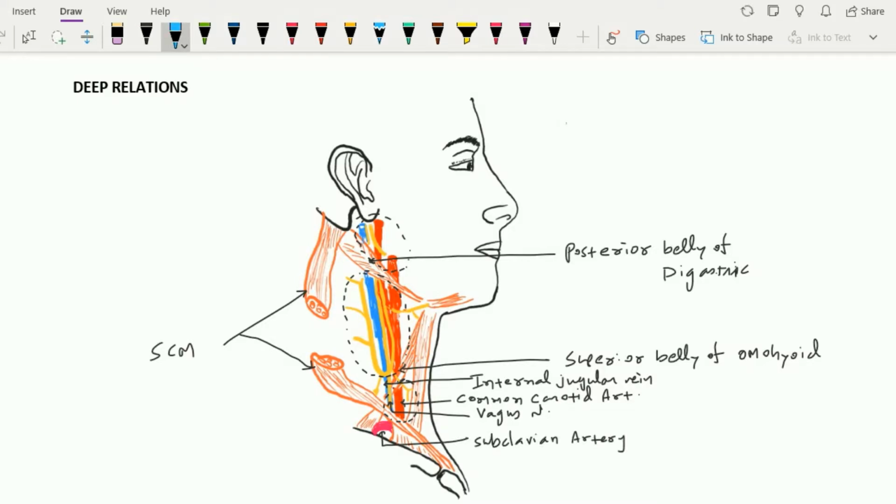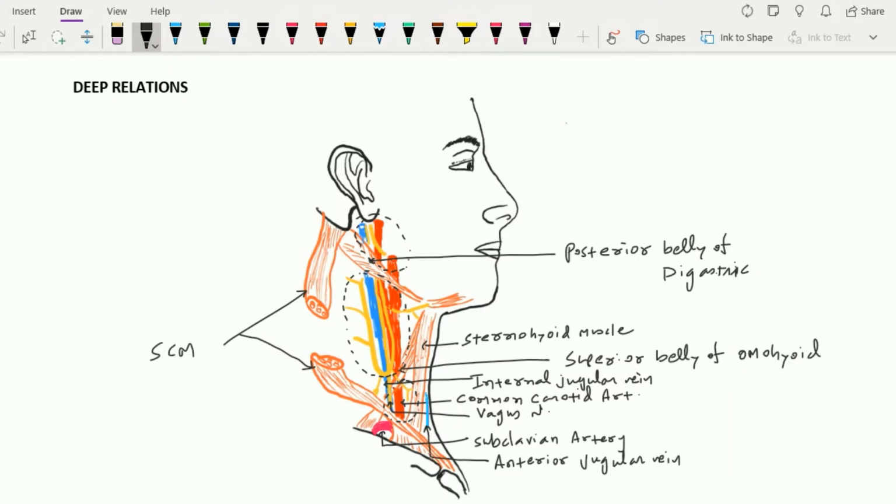In the deep relation of the sternocleidomastoid below the omohyoid, we find the anterior jugular vein, and along with it we find the infrahyoid muscles also.